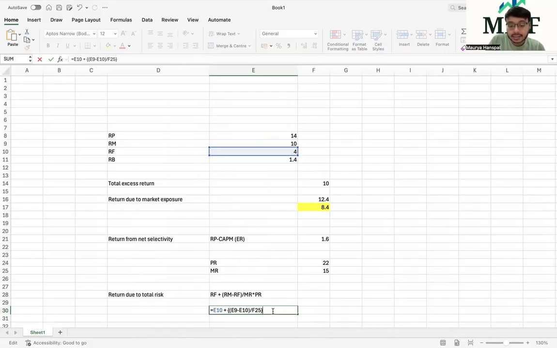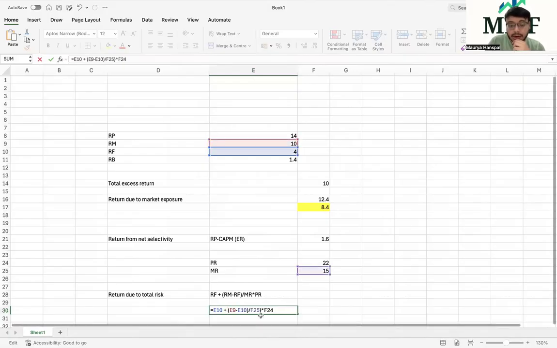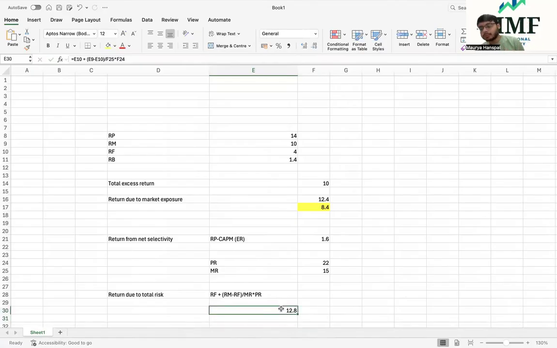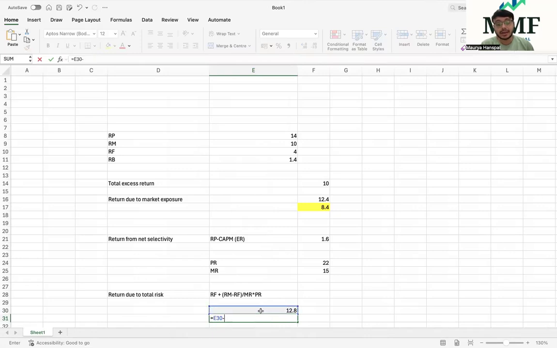Like Excel understands कि ब्रैकेट को पहले सॉल्व करना है और फिर हमें बार बार नंबर पे आना है, राइट. 12.8%. 12.8%. Now इसमें से I need to subtract my risk free rate.